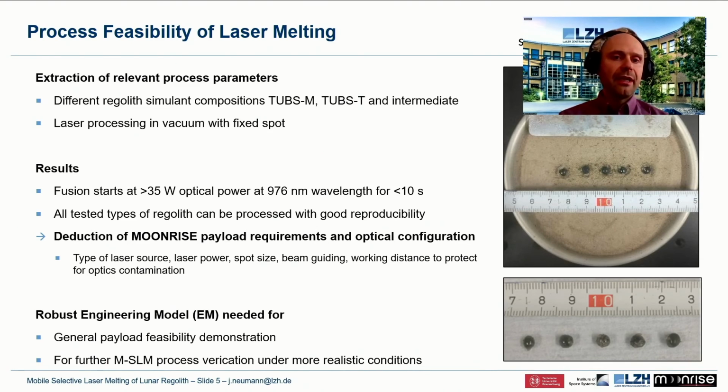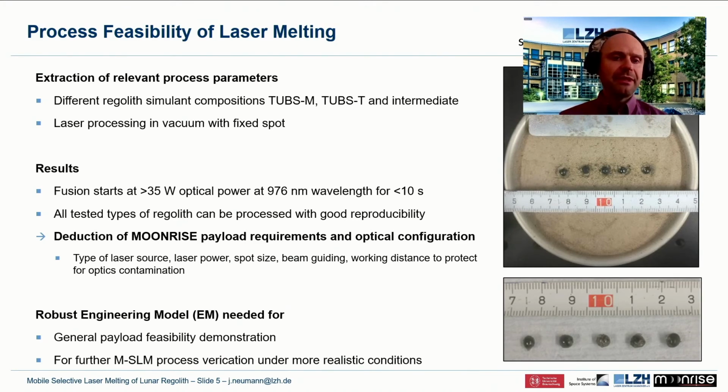The fusion starts at 35 watts of optical power at 1 micron wavelength, and you only use a few seconds for creating one of these pearls. All tested types of regolith could be processed with quite good reproducibility.